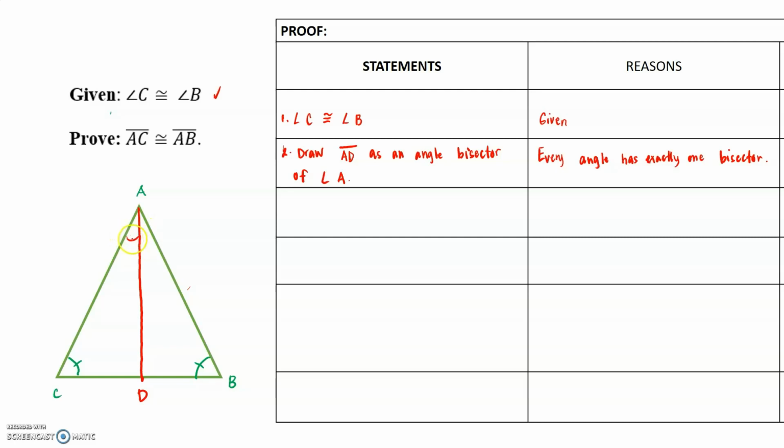So this angle is congruent to this angle. Now, to name this angle, let's use three letters. So we have angle CAD is congruent to angle BAD.